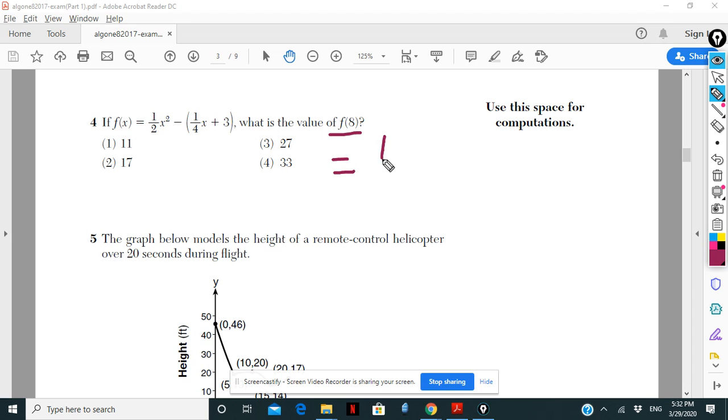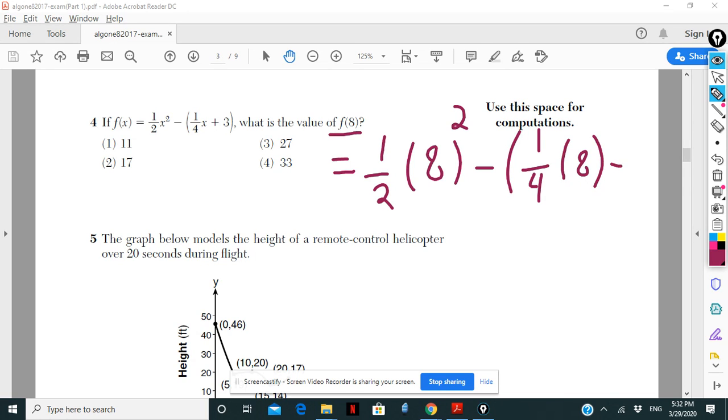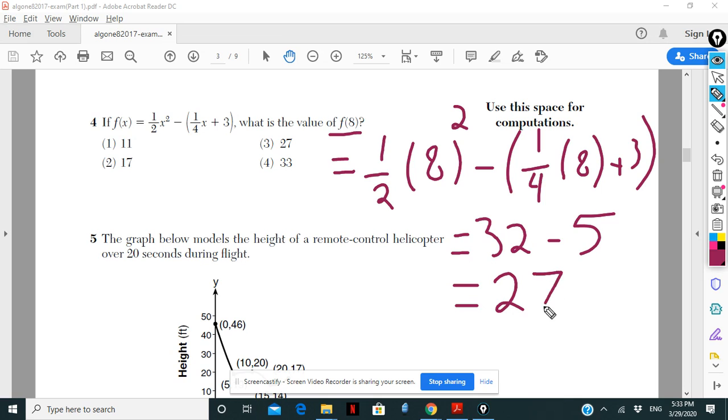So it's equal to ½(8²) − (1/4 times 8 + 3). Half of 8 squared, which is 64, is 32, minus 1 quarter of 8, which is 2. 2 plus 3 is 5, giving me 32 minus 5, which is 27.